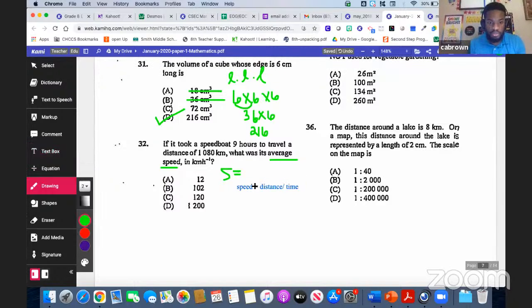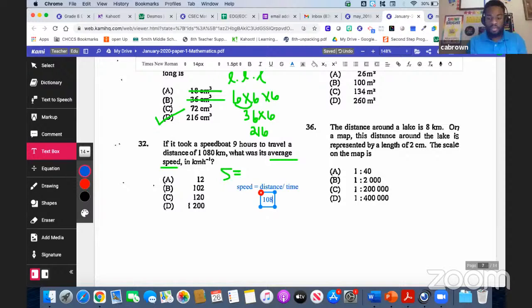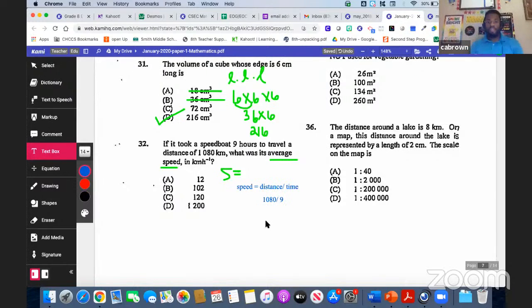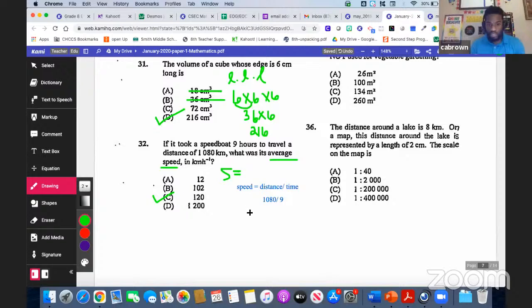The distance was 1080. And the time is 9. 1080 divided by 9 is 120.